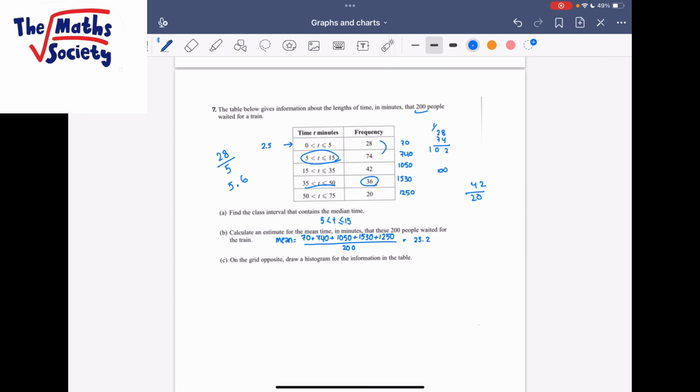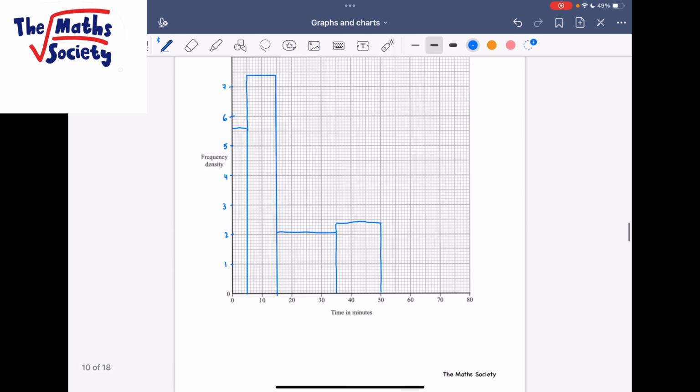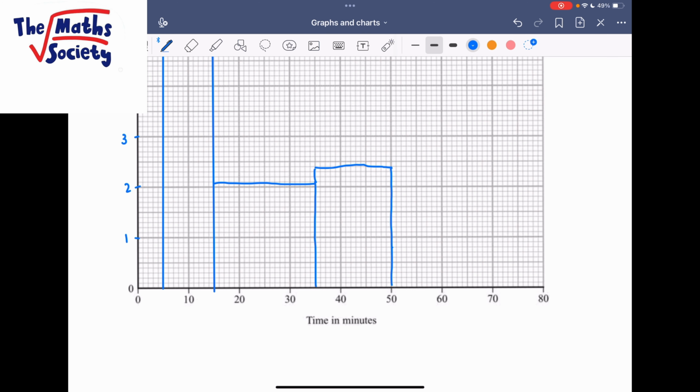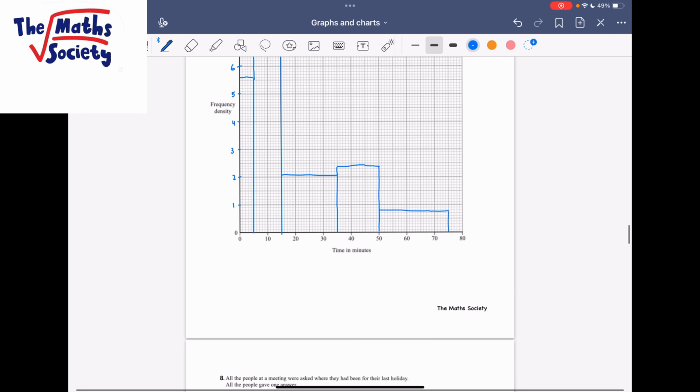So that's going to end up at 1.8. Oh, sorry, 0.8, not 1.8. So that's going to give you just around here. And that's until 75 only. We should end up here. And this should be your histogram. Your histogram should look like this.